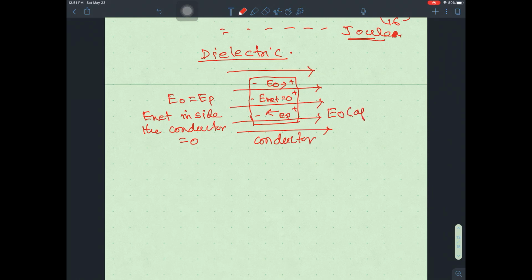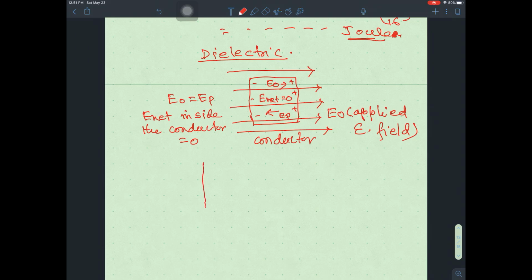This is your applied electric field. If we take an insulator, then the electric field will pass as it is.